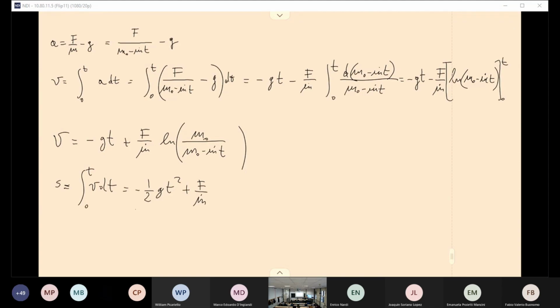I can write this also minus gt plus F over m. I can write it also in this way, and then when I make the integration, this is a constant, so just to multiply by t.